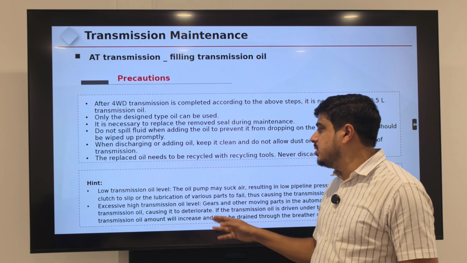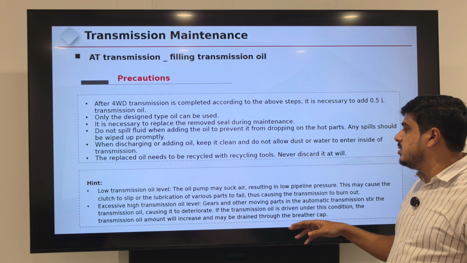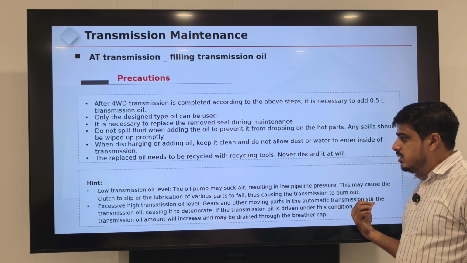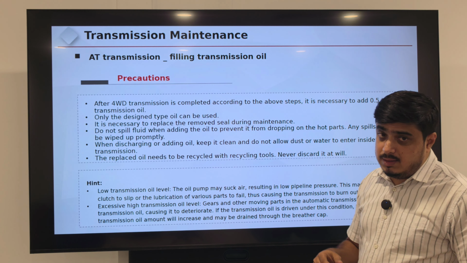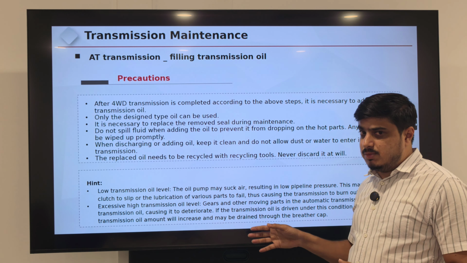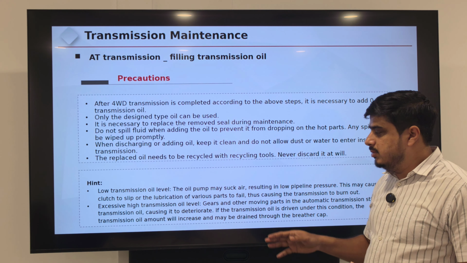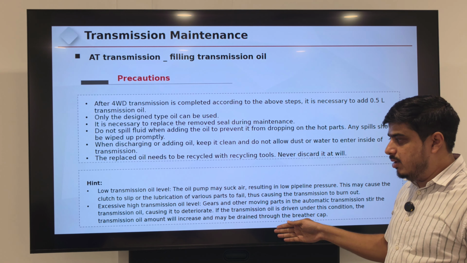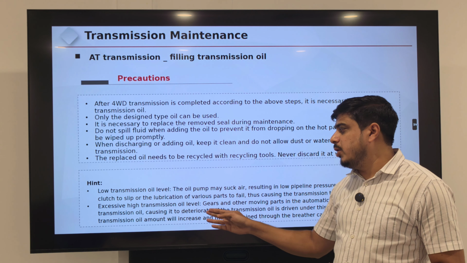If there is excessive transmission oil, the gears and other moving rotational parts of the automatic transmission churn the oil, causing it to deteriorate.